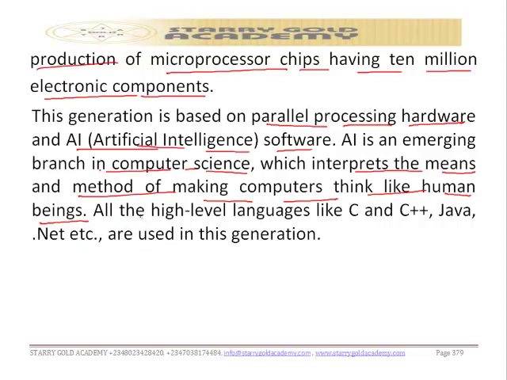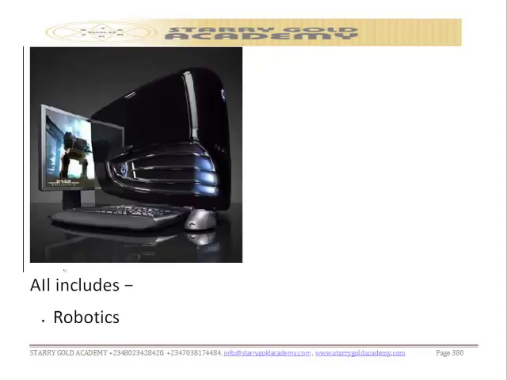Okay, so all high-level languages such as C++, Java, .NET, etc. are used in this generation. Okay, now, so this is an example of a fifth generation computer. Okay, these are some of the examples. Okay, this is how they look.